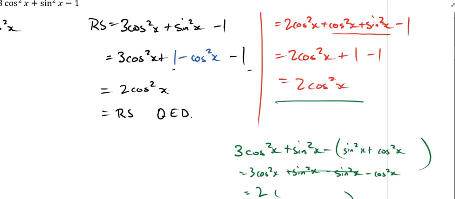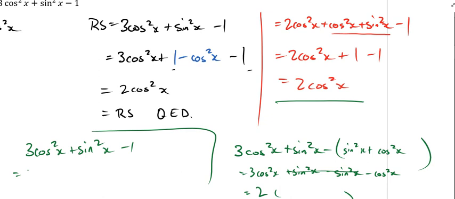If I were to do it that way, I would add this step. If you didn't follow that, it would look like this: 3 cos squared x plus sine squared x minus 1. I would factor out the negative 1 first just to be sure, so minus bracket 1 minus, like that.